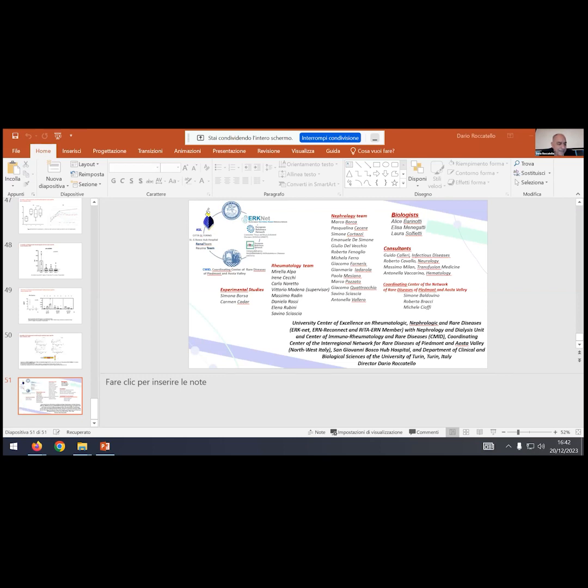In any case, we can now take advantage of the new anti-CD20 monoclonal antibodies to overcome any doubts as regards rituximab.